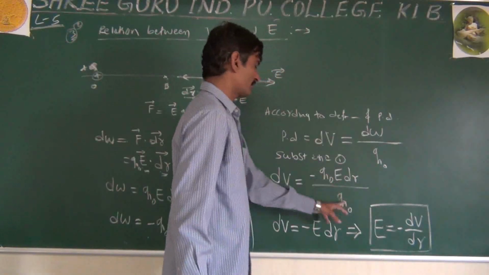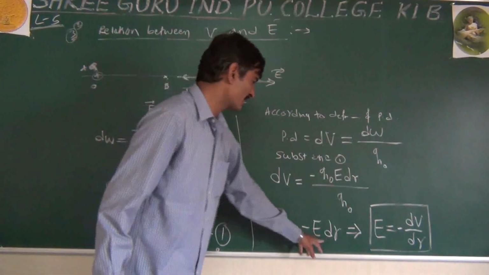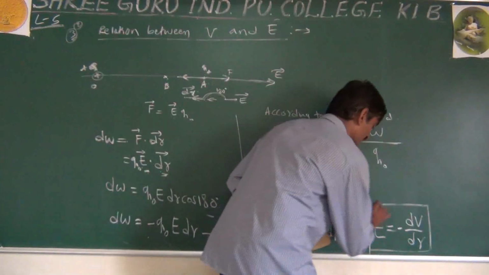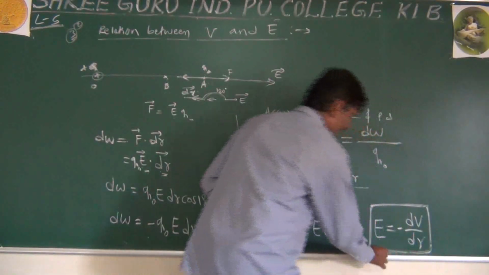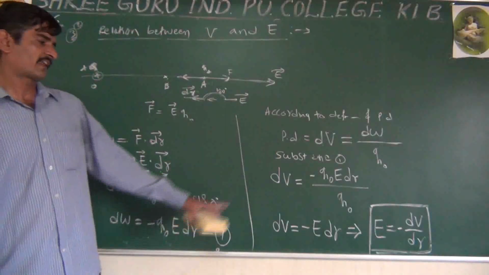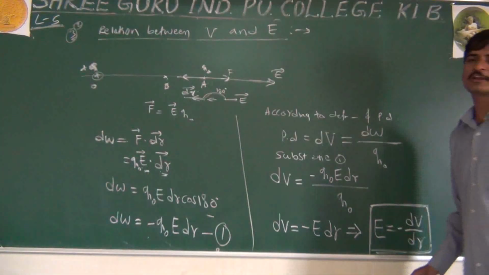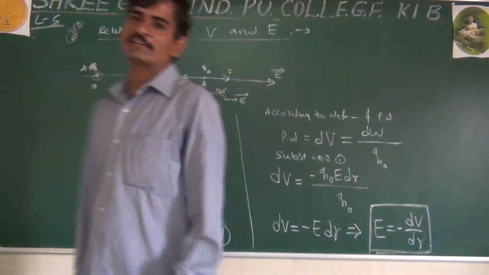Q naught cancels. So dV is equal to minus E dr, or E is equal to minus dV divided by dr. This is called the relation between electric field intensity and potential difference.